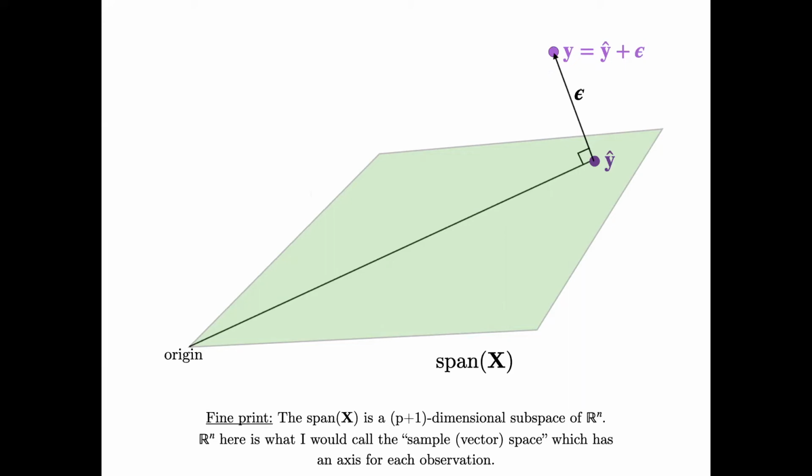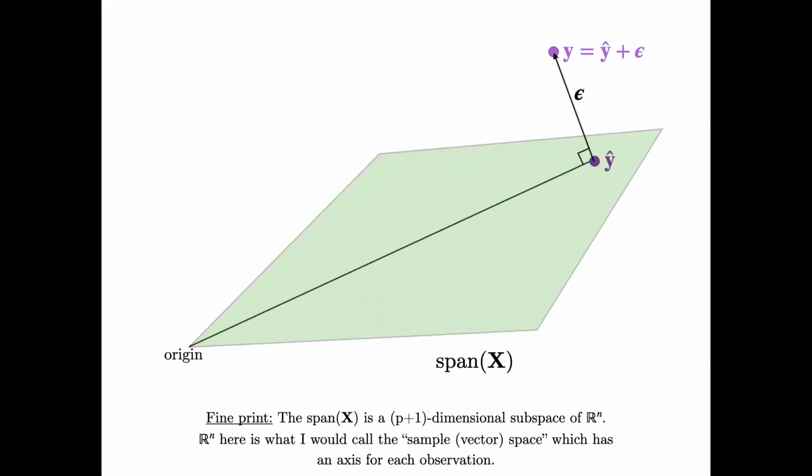So if you think of those columns of X as forming a basis in some way, that means I have p+1 basis vectors, so that the span of those basis vectors is a p+1 dimensional subspace. And each of those vectors lives in R^n, where n is the number of observations.